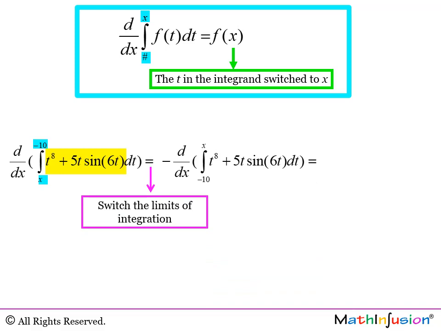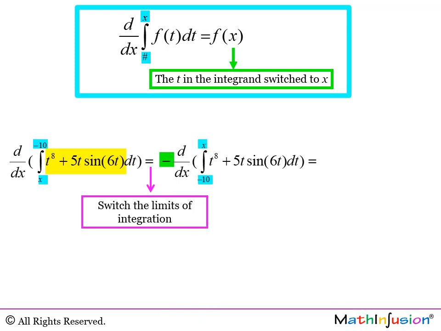I would like to recall that you're allowed to switch the limits of the integration, but then you have to multiply everything by -1. If you observe this integrand, it is a combination of functions which are continuous everywhere. So the integrand is continuous everywhere.